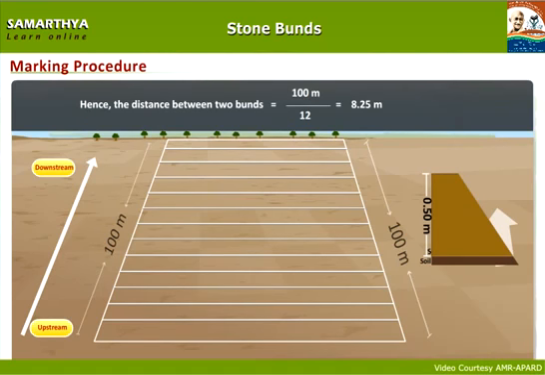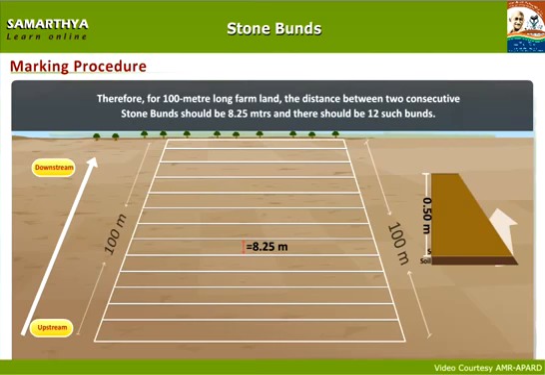Hence, the distance between two bunds is equal to 100 meters by 12, which is equal to 8.25 meters. Therefore, for 100-meter long farmland, the distance between two consecutive stone bunds should be 8.25 meters and there should be 12 such bunds.